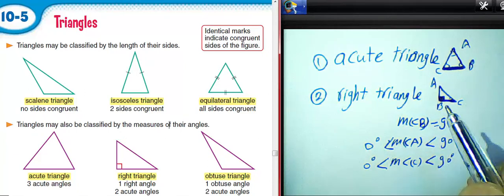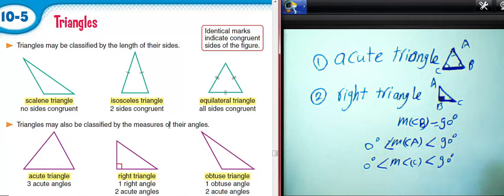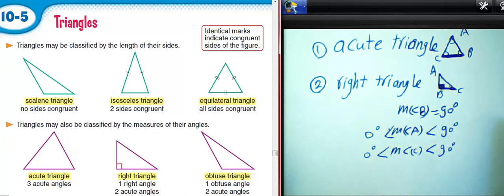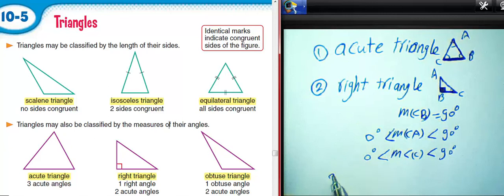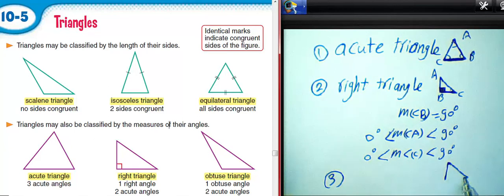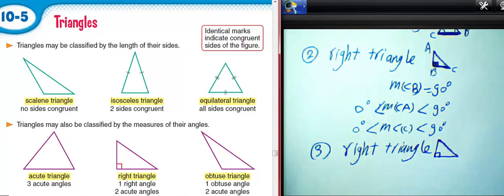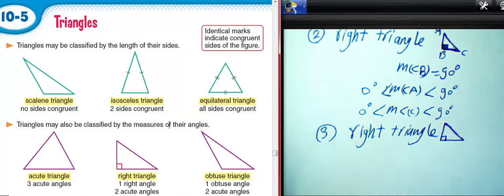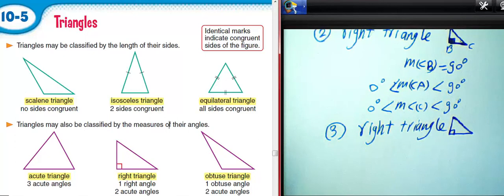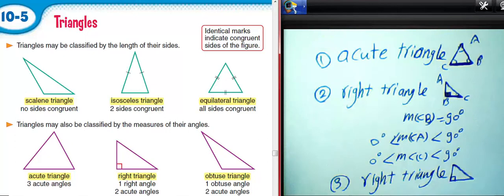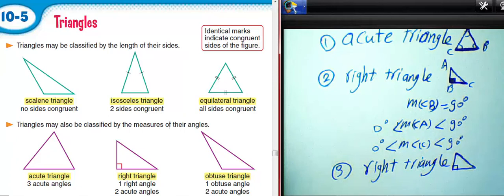And what about number 3? Right triangle. We have one right angle and two acute angles. Talk about them here. Right triangle.